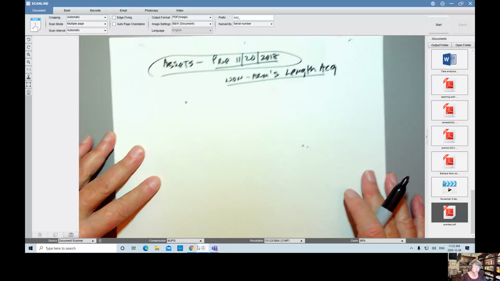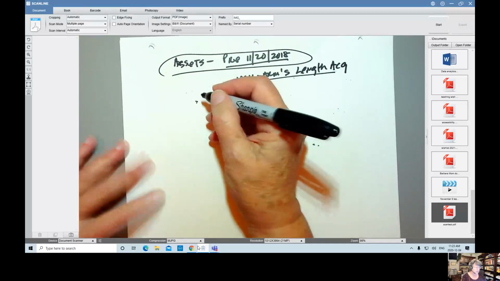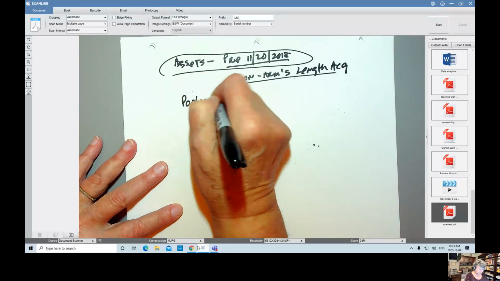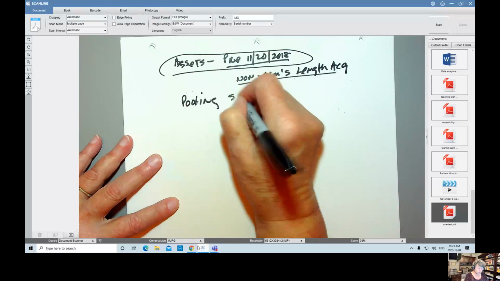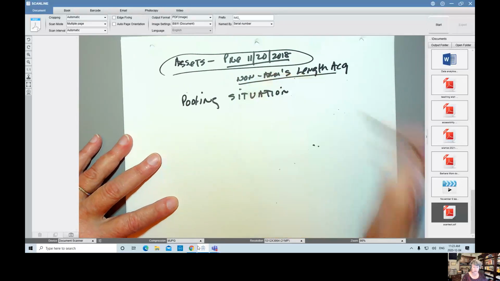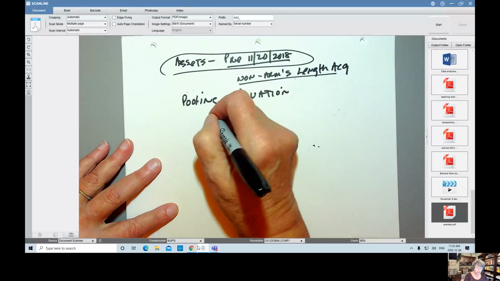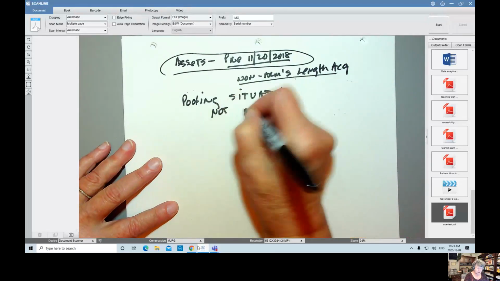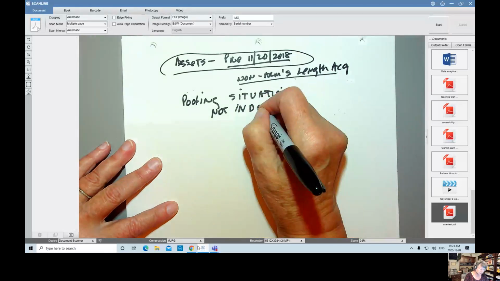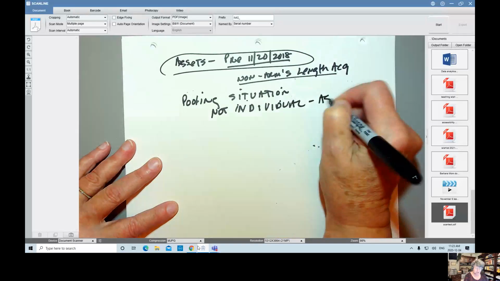All right. For assets acquired currently, the process is a pooling situation. So when we say pooling, we don't do tax depreciation, we don't do CCA, with individual assets, unlike accounting. So it's not individual asset by asset.